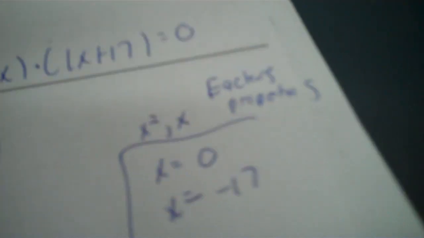So then 1x could equal 0, or 1x plus 17 could equal 0. Okay, multiplication by 1 is junk, so it's just 0. Again, multiplication by 1 we don't need. Subtract 17. And 0 minus 17 is negative 17. So negative 17 and 0.